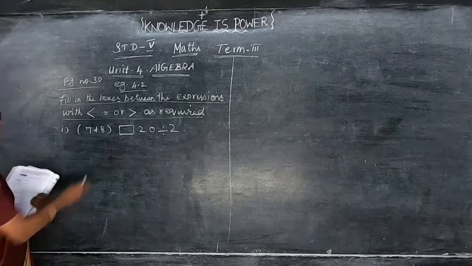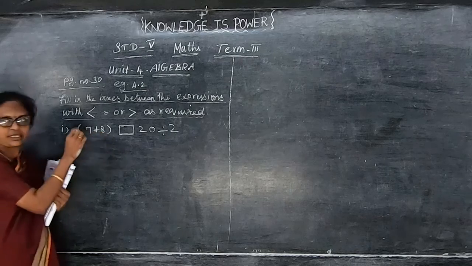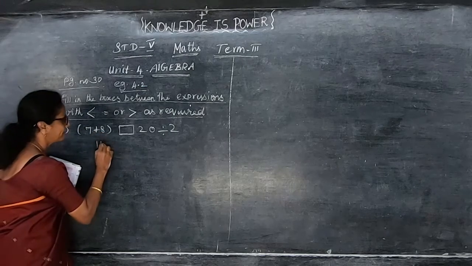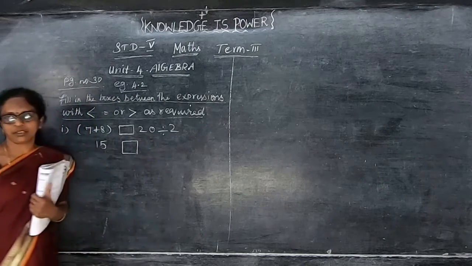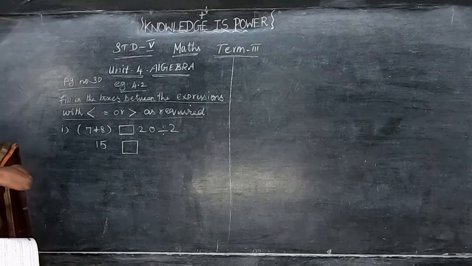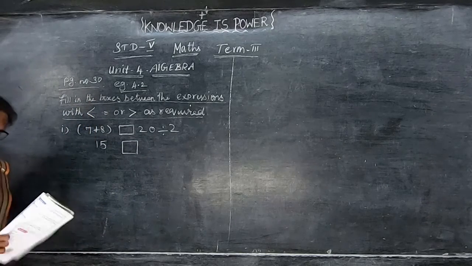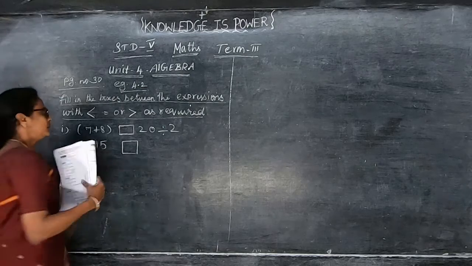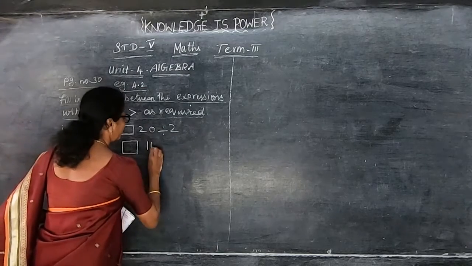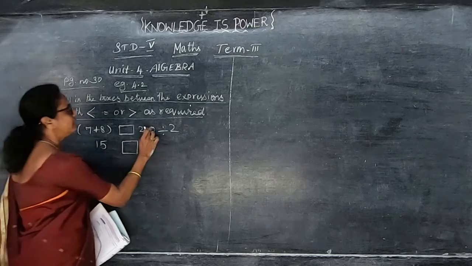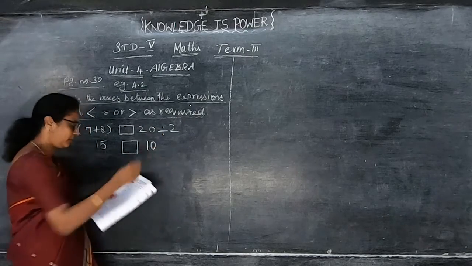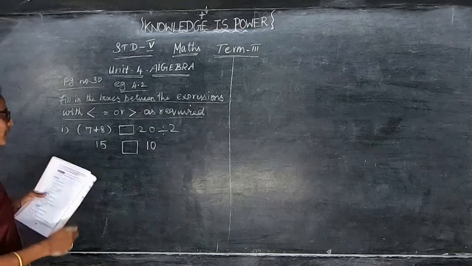So first என்ன பண்ணுங்க, இது ரெண்டையும் add பண்ணுங்க. 7 plus 8 is 15 and put the box. 20 divided by 2 is 10. Okay, yeah. So 20 divided by 2 is 10. So what we have to do? So 20 at 2 tables la divide பண்ணும்போது 2 10s are 20. That only I put.